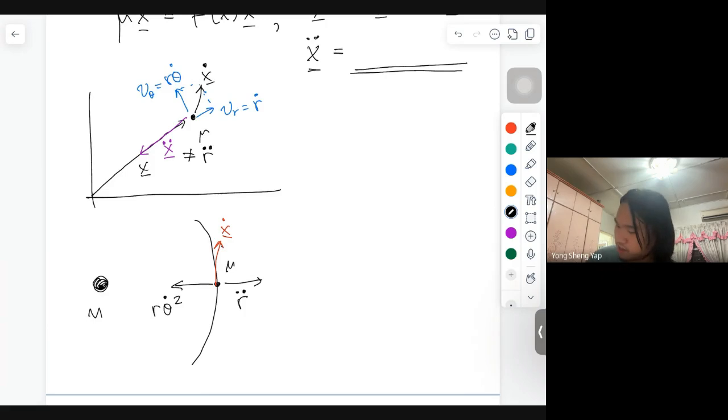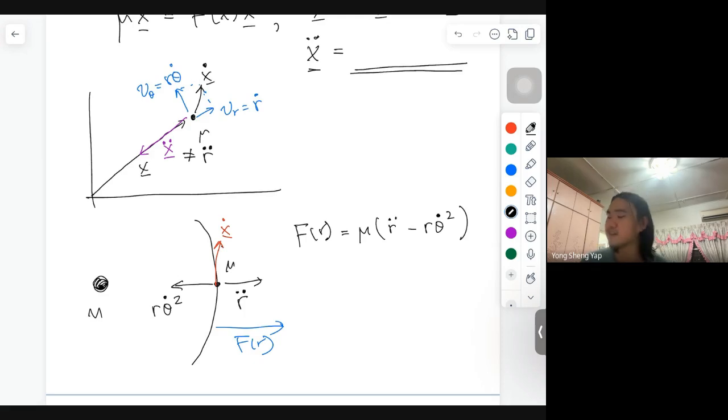Okay, so the force, in this case let's make the force outwards, needs to do two things. It needs to let it accelerate outwards. It also needs to supply the centripetal force for it to undergo some motion.